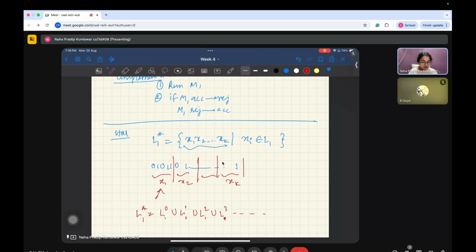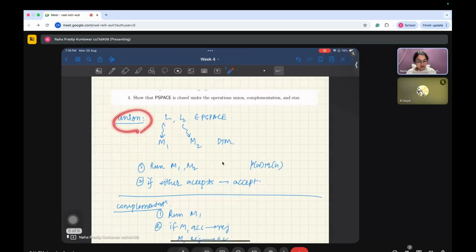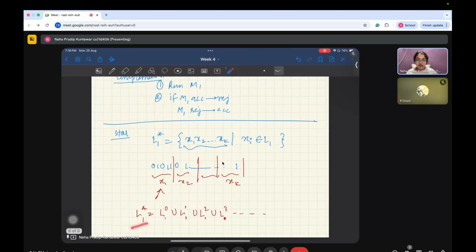Now if you want to check whether x is in L1 star, you will actually use the closure property under union, right? In order for x to be in L1 star, you're saying it should be in one of these, L1 cube, L1 square, and so on.